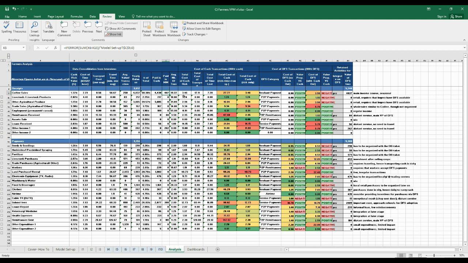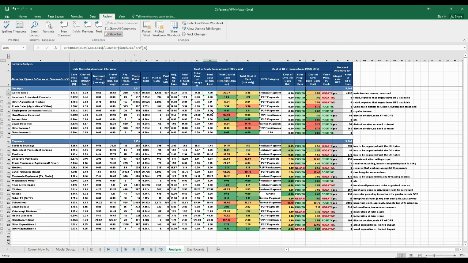The average number of transactions is around 20. So the total cost of cash risk on average is around 3,500. The total cost of transport is around 70,000. Total cost of time lost is around 7,000.